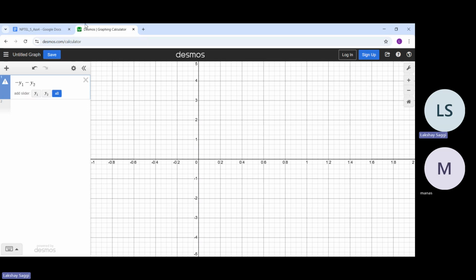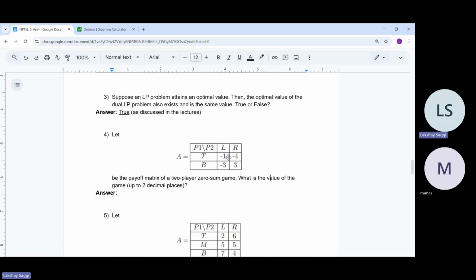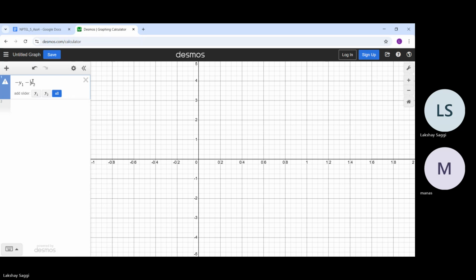So what we had was, for a given y1, y2 vector of the row player, the first column corresponds to minus y1 minus 3y2, right?